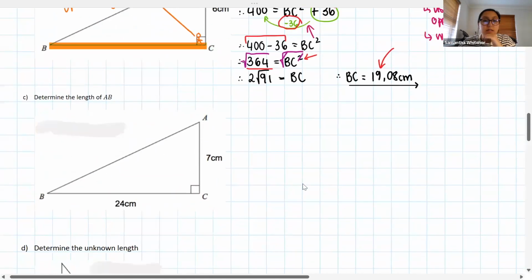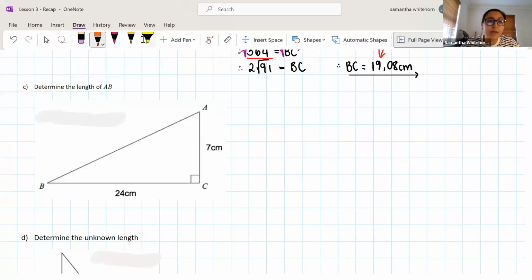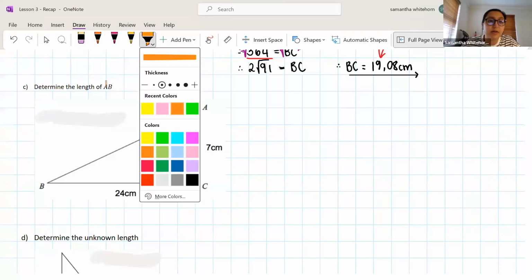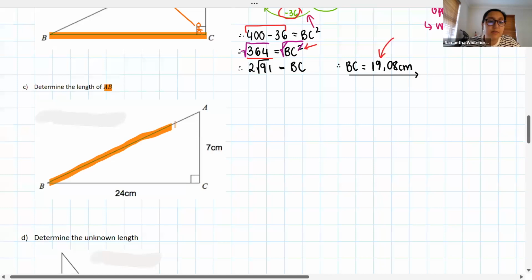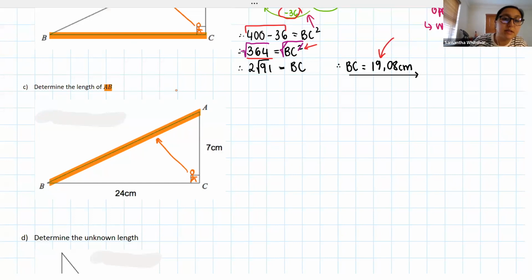Alrighty, guys, so let's have a look at question C here. Now I'm going to ask that you guys try this by yourself. I'm going to help you a little bit. We have been asked to find the length of AB. So I go and highlight AB for myself. There it is. Now that I know where AB is, the next thing that I do is I identify my hypotenuse. Look directly opposite. AB is in actual fact the hypotenuse.